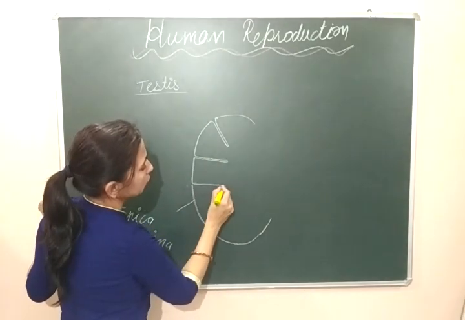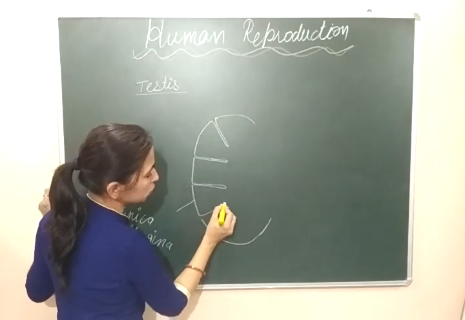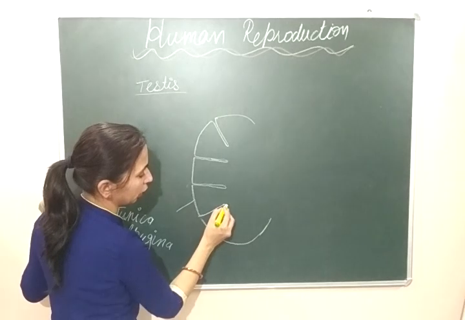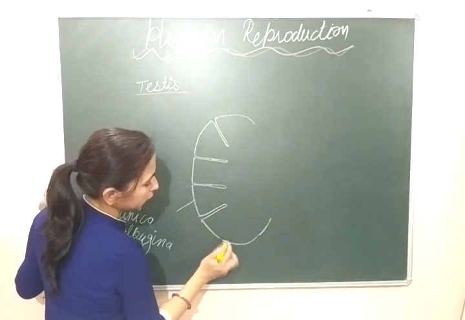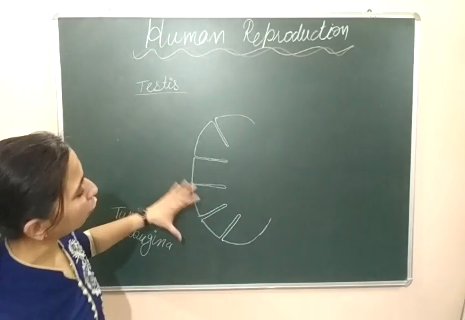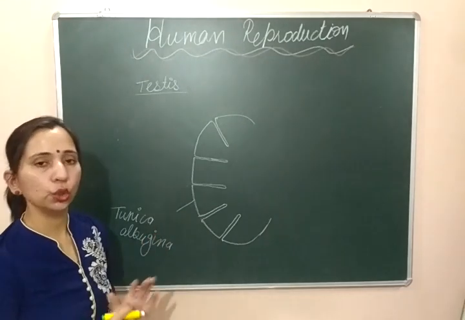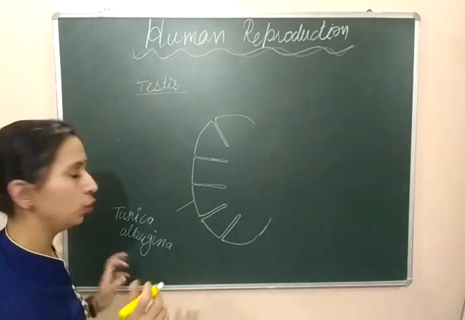Due to these infolds, the testis will divide into different lobules, or different sections are formed here. So we can call them the testicular lobules. Due to the infolding of tunica albuginea, lobules are formed and these lobules are known as testicular lobules.